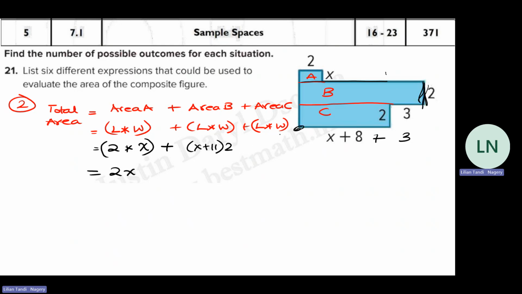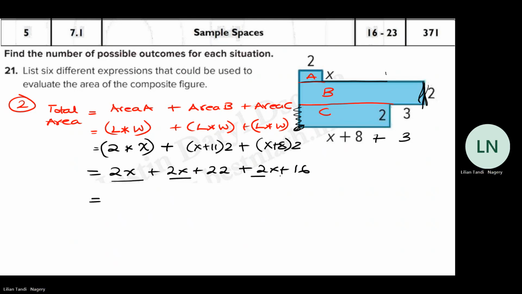So multiply it by 2. Then now this one will be x plus 8. And this distance here, which is the width, is also 2. So this will be 2x plus 22 plus 2x plus 16. So I have 6x, 2x plus 2x is 4x, plus 2x is 6x.